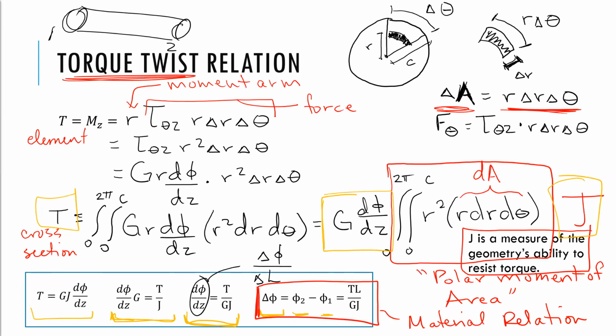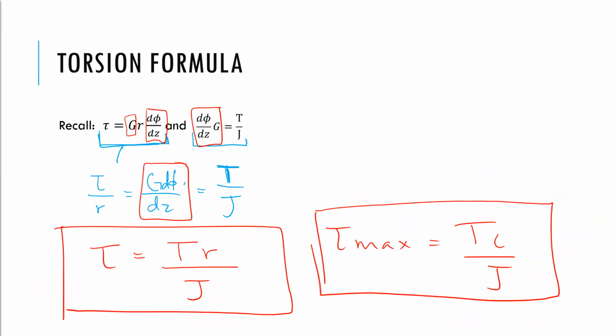When we do some problems next week, you'll see that we're looking at how these pieces need to rotate relative to each other, instead of how they're going to elongate relative to each other. And then the third piece will be this material relation equation. But to get from that torque to a stress, we need this torsion formula. Torque is the applied moment. Torsion is the shear stress that's caused by the torque.